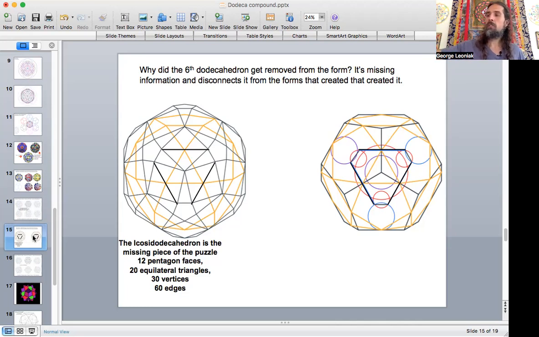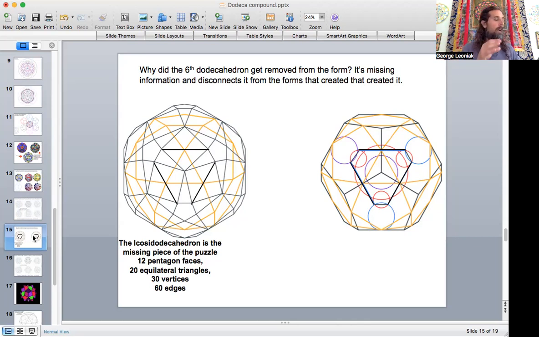So remember, this is the vector equilibrium. This is a very common form. The outer edges are the same as the edges that go on the inside. A tetrahedron, half of a six octahedron. So a very, very popular form. Now, this is the counterpart of that, because this is the dual forms working together, cube and octahedron, dual forms.